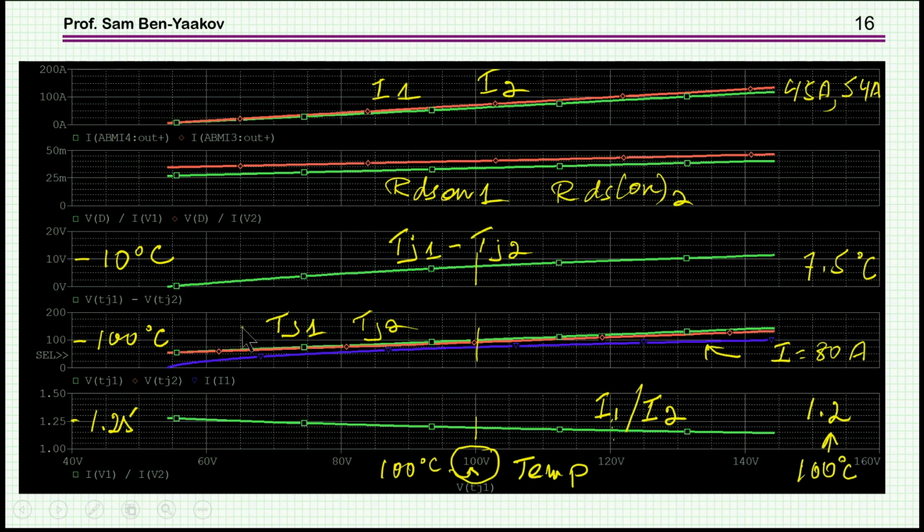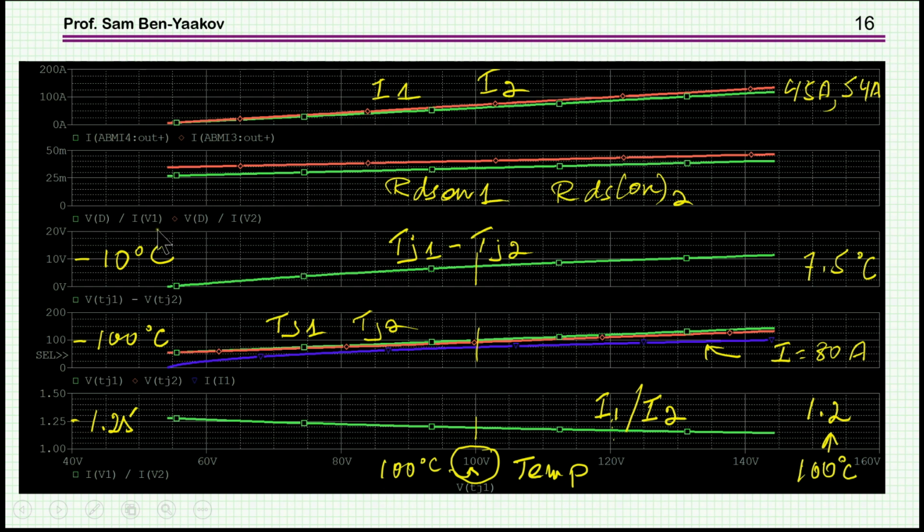The difference here is 7.5 degrees centigrade, okay? At 100 degrees, it's only 7.5 centigrade. Obviously, as it goes to higher current or higher temperature, the difference is increasing to, say, 10 degrees.